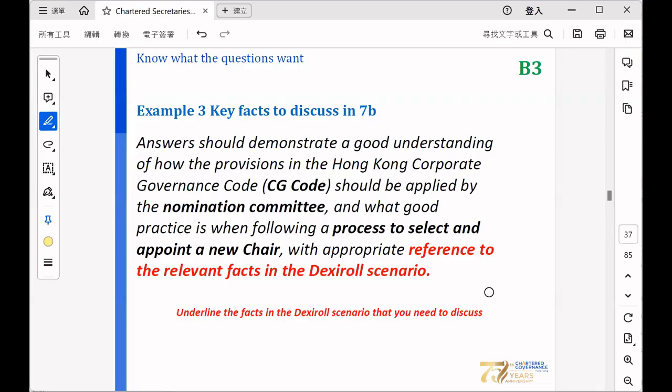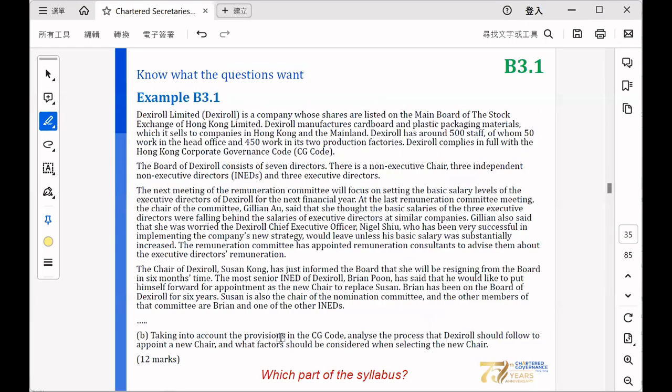And then following the process of selection and appointment of the directors. So what is the reference in here?